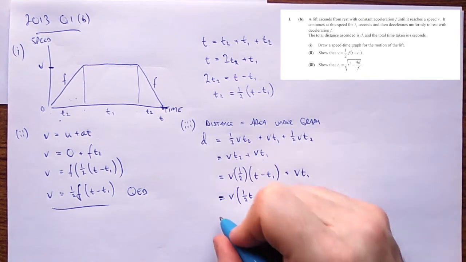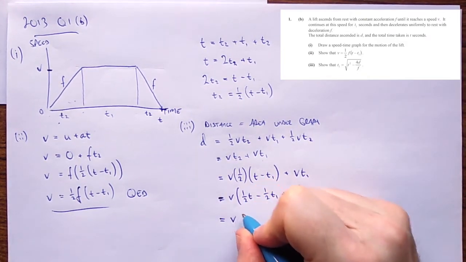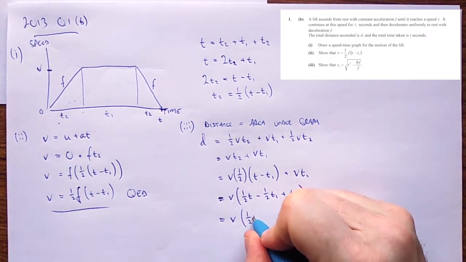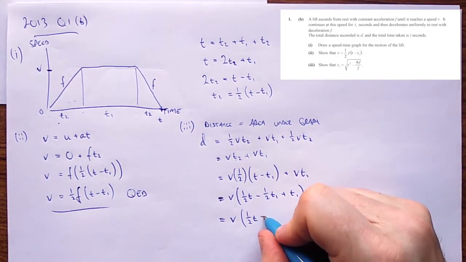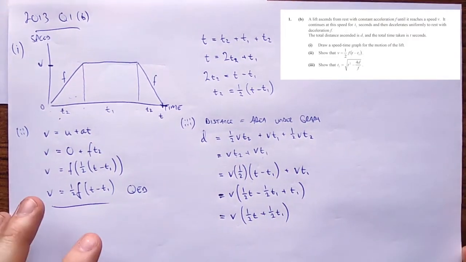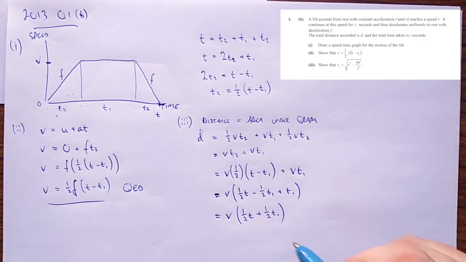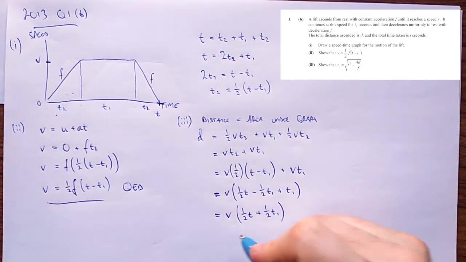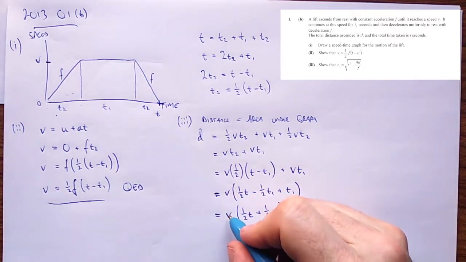And of course I can see I can tidy this up even further, so we'll do it now. v factor of half t plus half t1. Okay, now let's see what we can do. So we want to get rid of v.